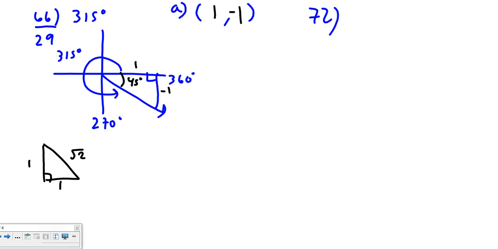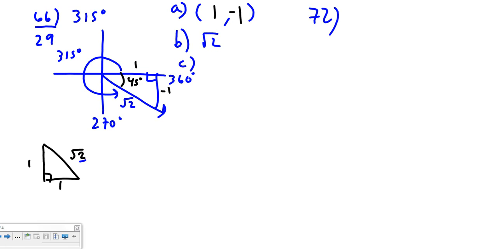B. Find the distance from the origin to that point. The distance from the origin to the point is going to be this hypotenuse of the right triangle, your answer is right here, which is radical 2. Because I picked those ones, I know the hypotenuse is radical 2. If I didn't pick the ones, I could work my way around the right triangle, or you'd have to do the Pythagorean theorem here.